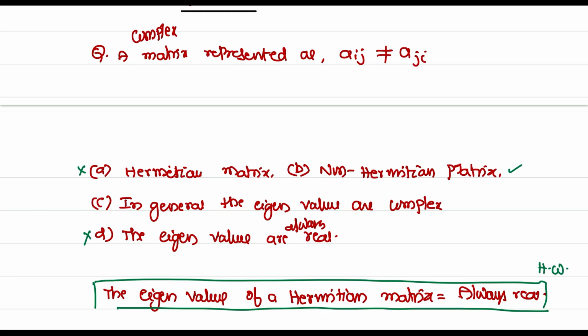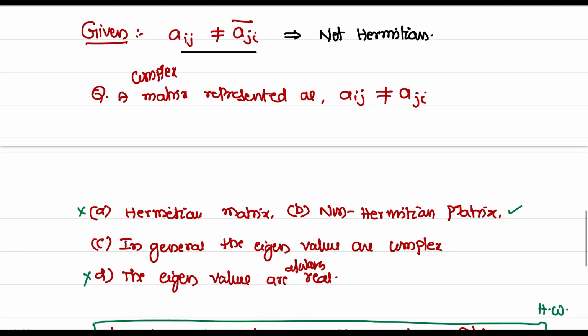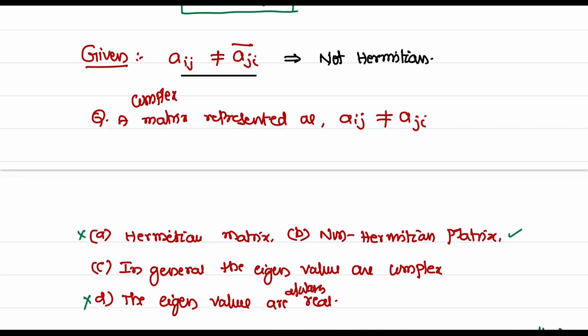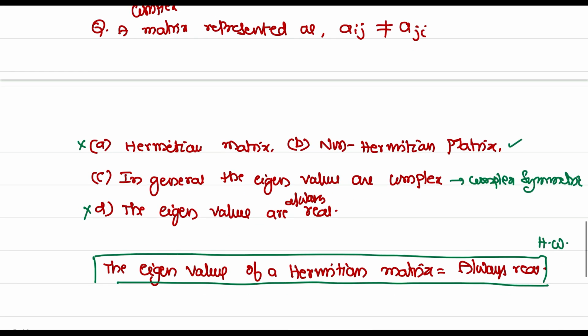The eigenvalues can be complex because Aij not equal to Aji does not negate the possibility of Aij equal to Aji. That is a complex symmetric matrix property.